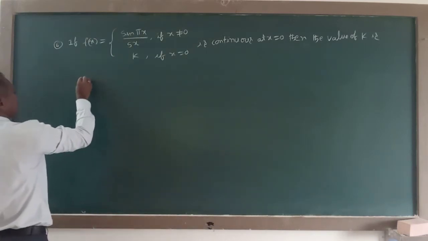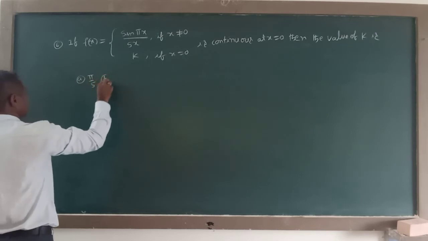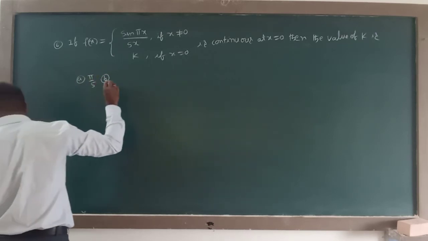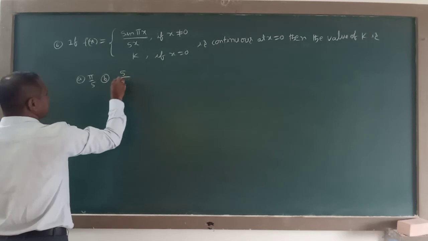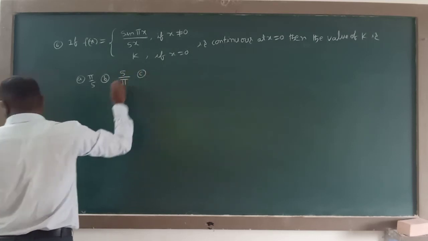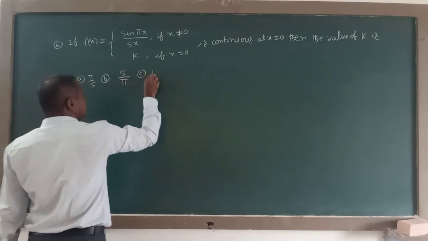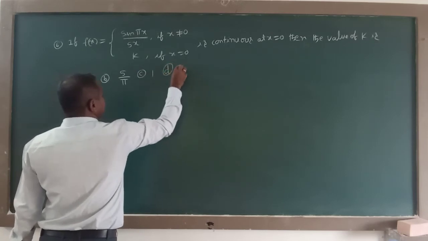First option is pi by 5, second option B is 5 by pi, third option C is 1 and fourth option D is 0 here.